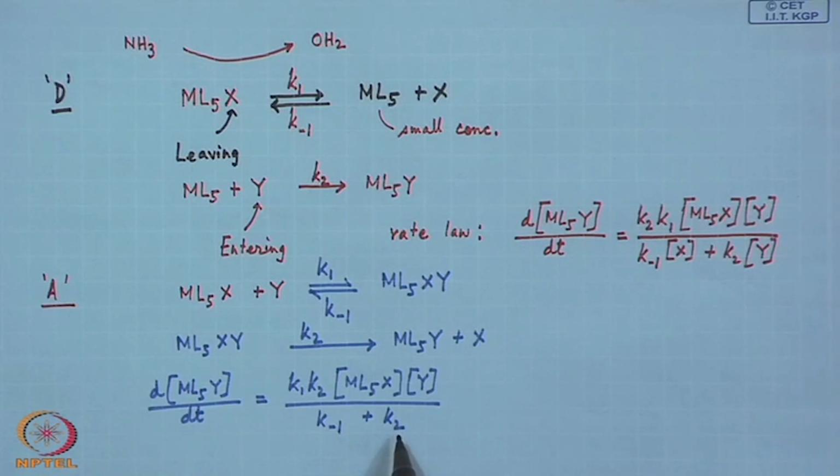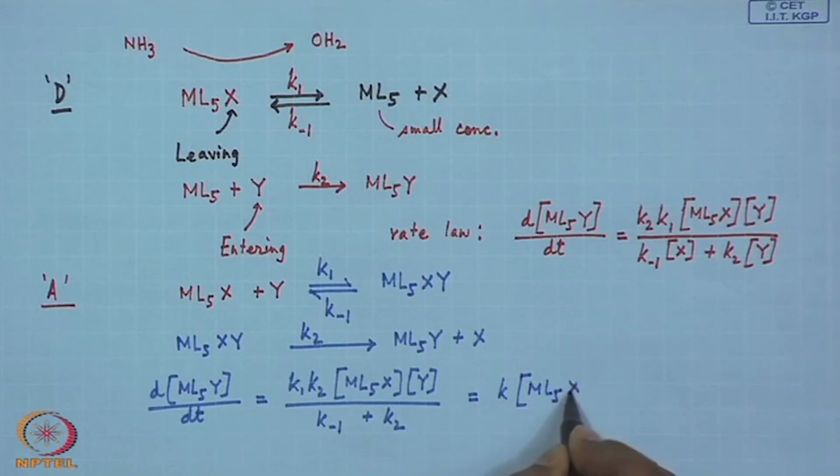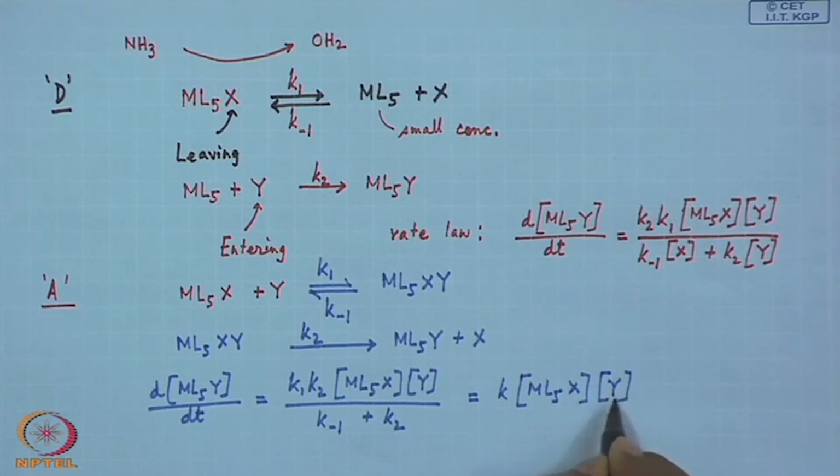When these are very small, K2 and K2 can cancel out, and for all these products we can have the corresponding one constant, which is K, times ML5X and Y. In this particular case also the rate law is dependent on both the concentration of this particular species and the concentration of the corresponding incoming ligand or the entering ligand which is attaching to that particular metal center.